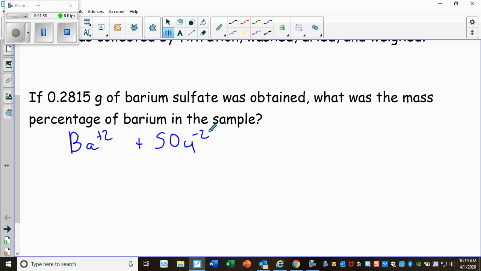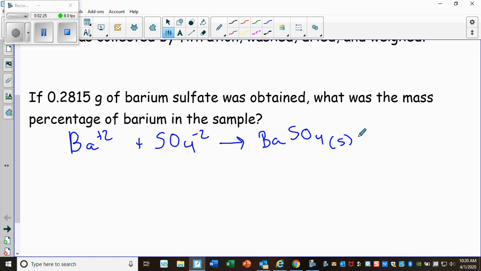The barium sulfate is the product, and that's really what we care about. We know how much barium sulfate was obtained in this reaction, 0.2815 grams. So we want to work backwards. We want to think about what that means in terms of barium present in the sample.